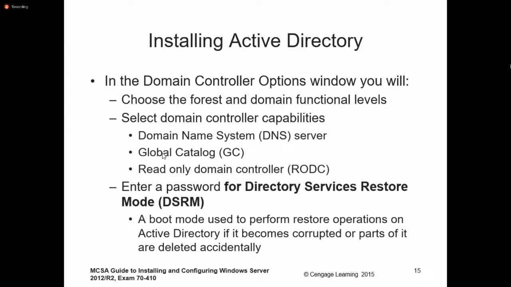If you add this as a global catalog, the domain controllers which have the global catalog can work on their own. They don't need other domain controllers, right? So for example, let's say we have some servers in the same network, right?